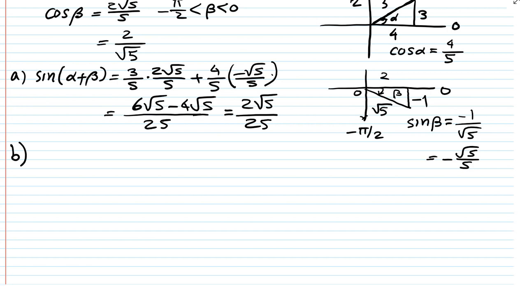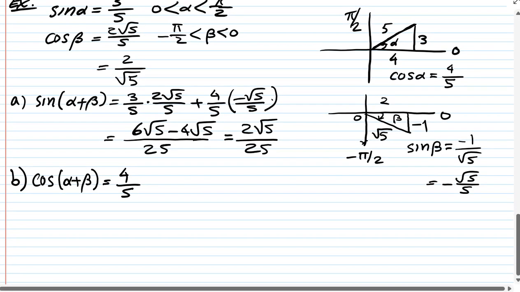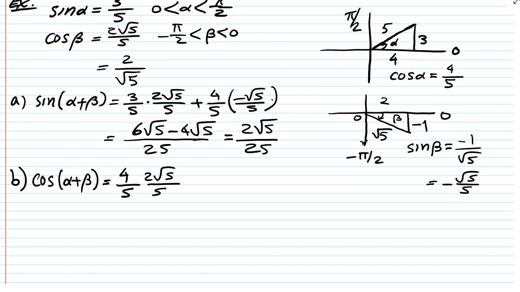Now let's do cosine of the sum. Cosine alpha plus beta is, so we're going to use cosine, cosine minus sine, sine. So it's 4/5, right? We're doing cosine alpha, 4/5. Cosine, cosine. Cosine of beta is 2 root 5 over 5. That was given. Again, up here is given. And for the sum, it's minus.